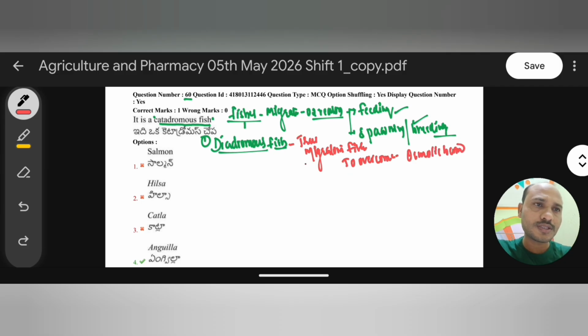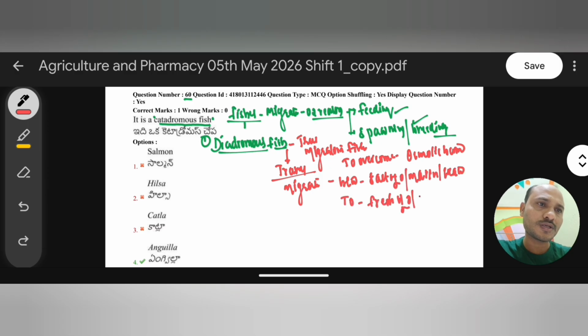Because diadromous fish can travel or migrate between salt water, that is marine water or sea water, and fresh or river water. These are the true migratory fish, which travel between salt water and fresh water only, meaning marine water to river water only. And in this we have two different types of fishes, like here I'm writing.